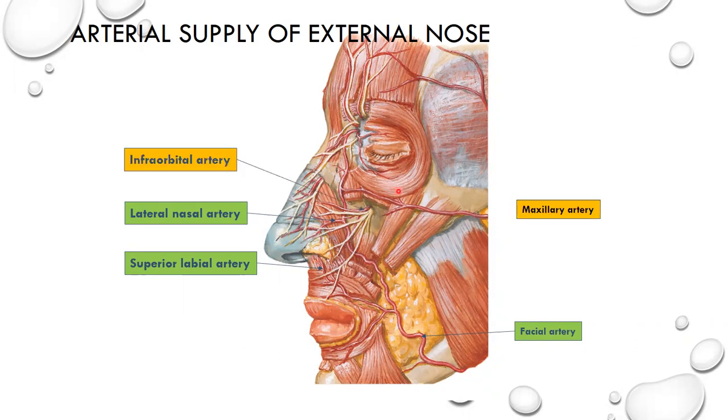And then you have the infraorbital artery that supplies the lateral part of the nose. The infraorbital artery is a branch of the maxillary artery. And we have the dorsal nasal artery, which supplies the dorsum of the nose, which is a branch of the ophthalmic artery.